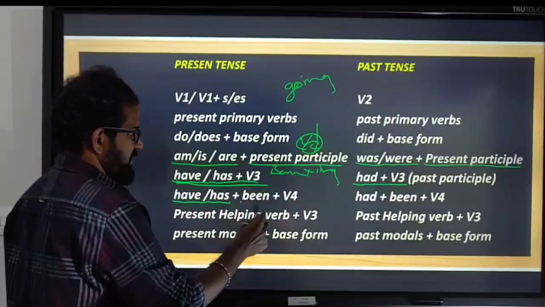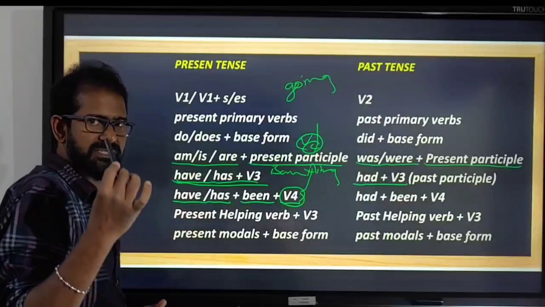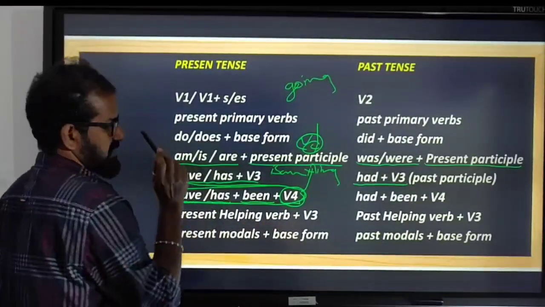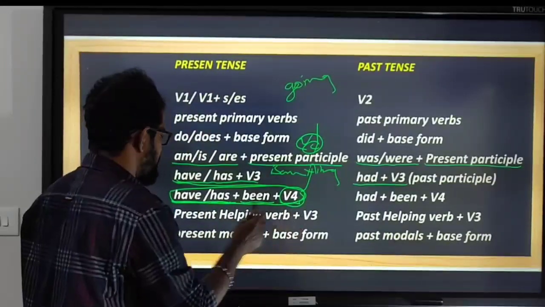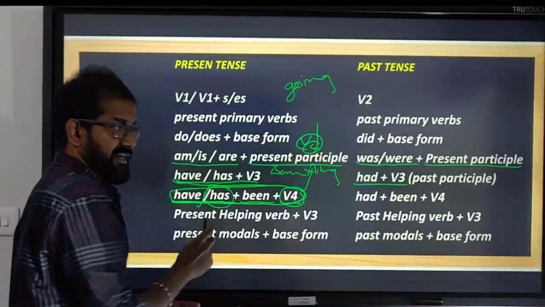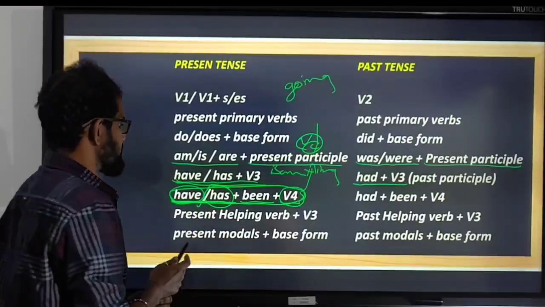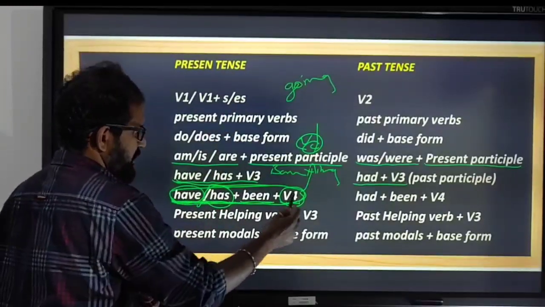Have, has plus been plus V4. V4 is present participle, base form plus ing. This form we use in present perfect continuous: have or has plus been plus V4. We use has with third person singulars and have for all the remaining persons. So for present perfect continuous, we use this form.